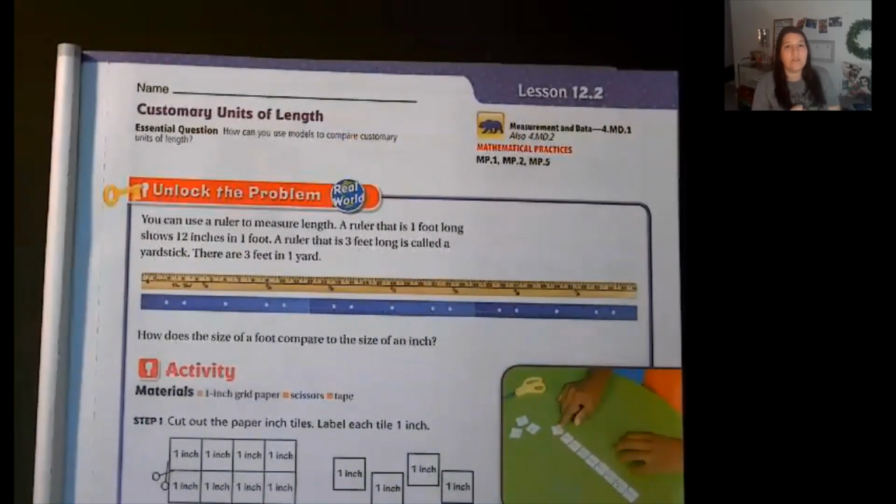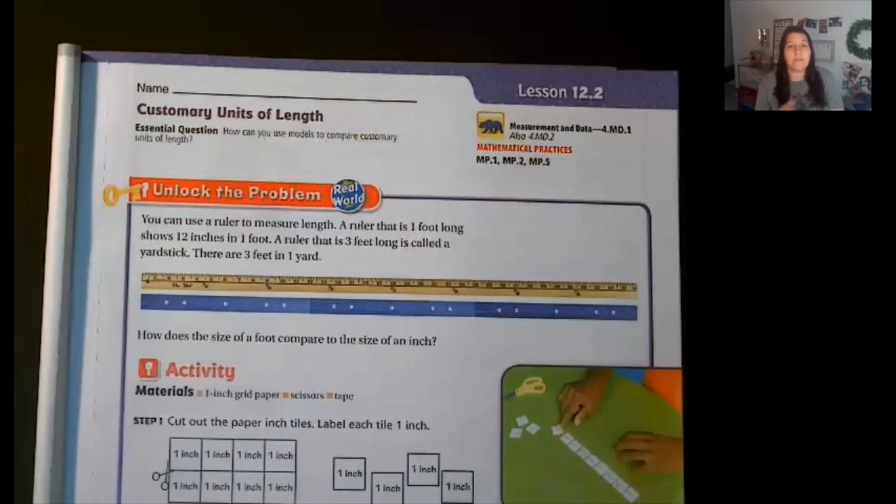So if you remember from 12.1, we learned about a bunch of new different measurement tools and different types of measurement categories, you can say. So we had customary units, which is what we use here in the United States, and we talked about units of length, units of weight, and units of liquids.